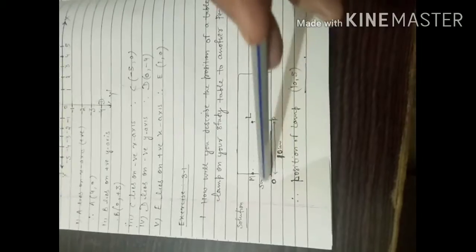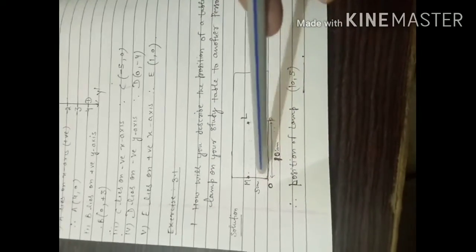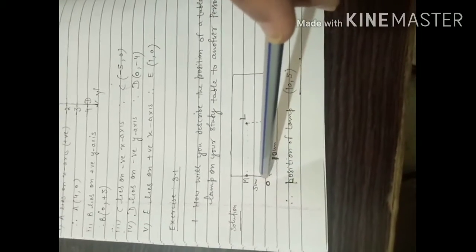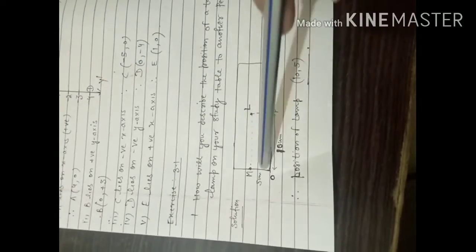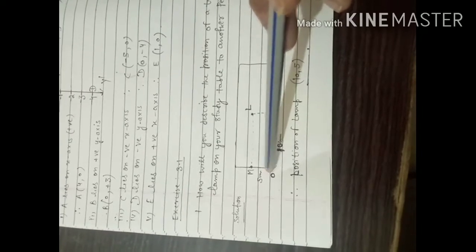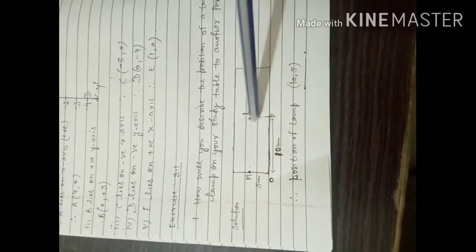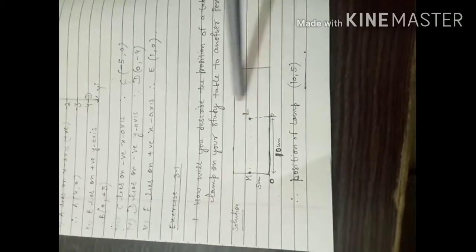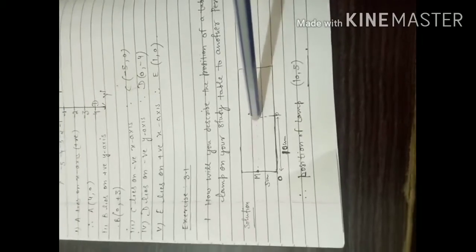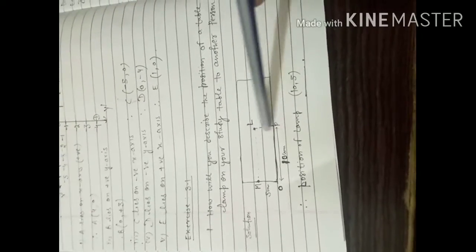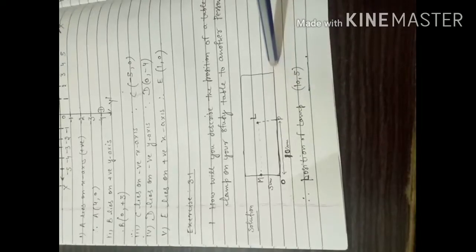Let us consider in this figure, this is our table and let O be one corner of the table, taking it as origin, and let L be the lamp on the table. Now we have to tell the position of point L. So draw a perpendicular from L on this side, because O is origin.